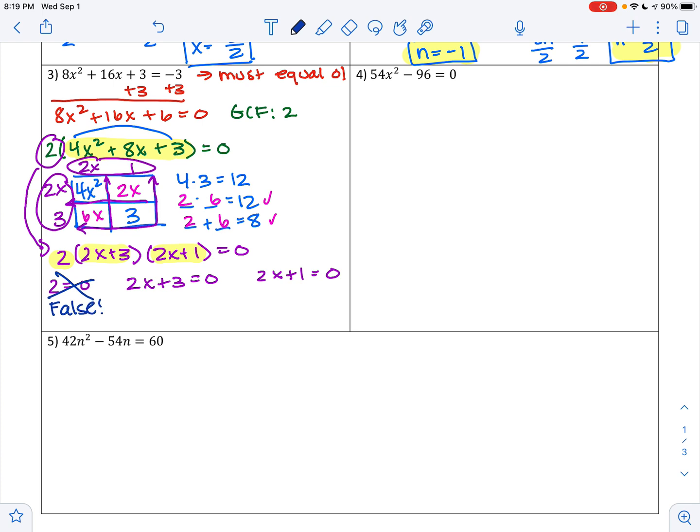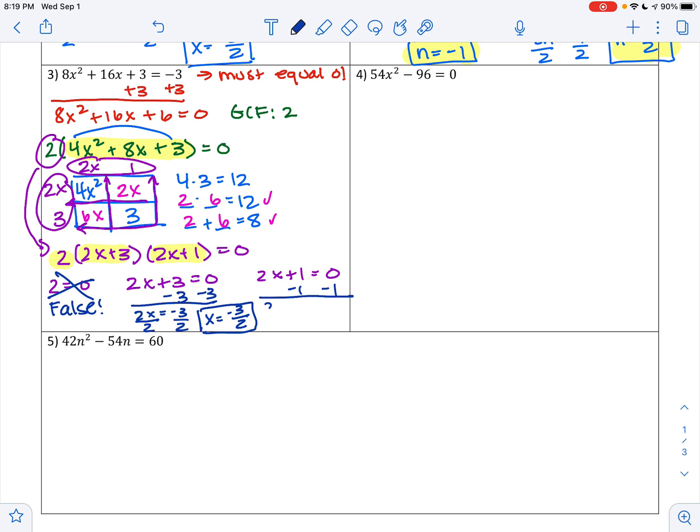For the second equation, I have a variable, so I have something to solve. To undo addition, I'll do subtraction, and I'll have 2x equals negative 3. To undo multiplication, I'll do division, and I'll get x equals negative 3/2. For this equation, to undo addition, I'll do subtraction, and I'll get negative 1.